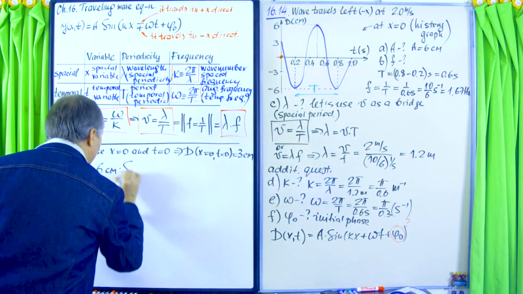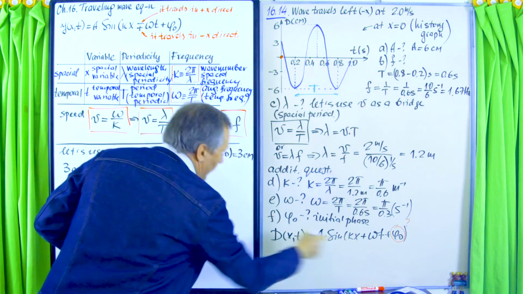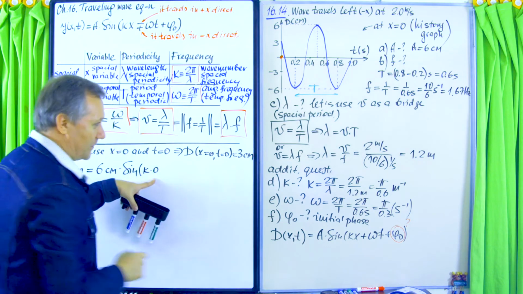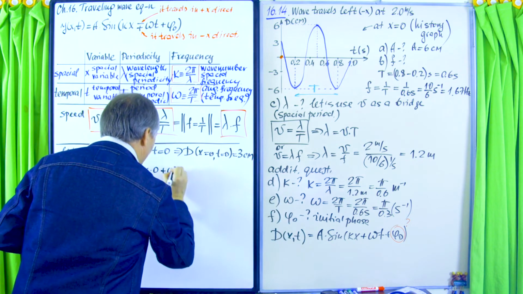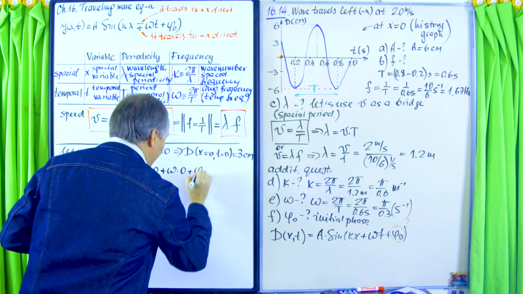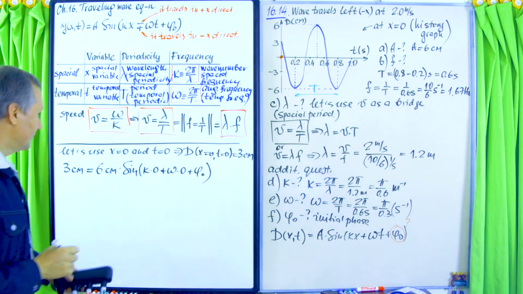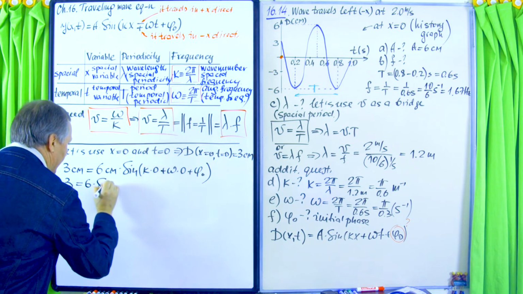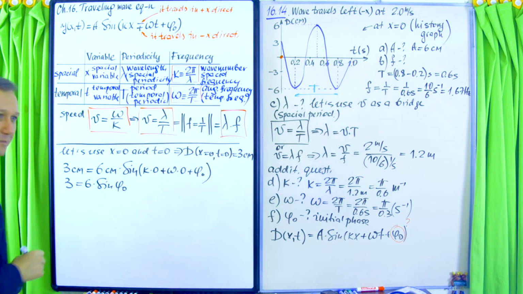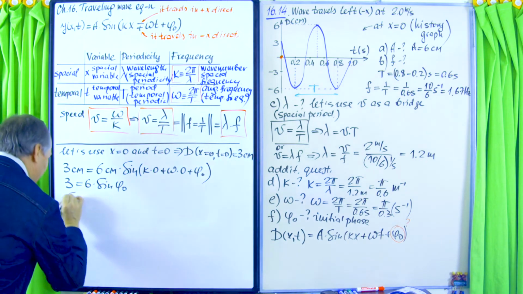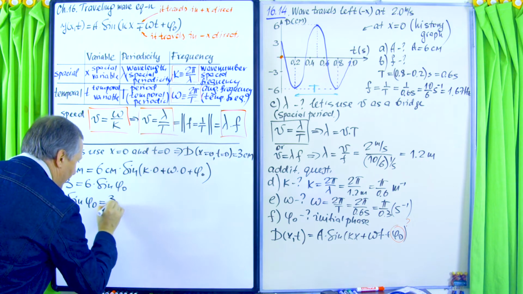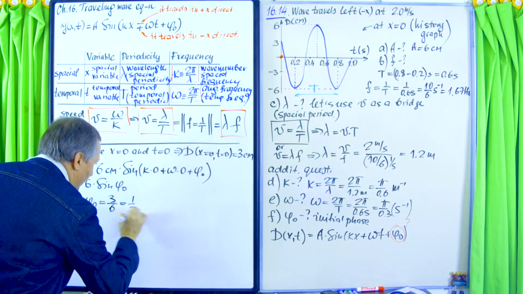Then sine of k times 0, then plus omega times 0 and plus phi naught. Okay, so we're getting that 3 equals 6 sine of phi naught. So sine of the initial phase equals 3 over 6, which is 1 over 2.